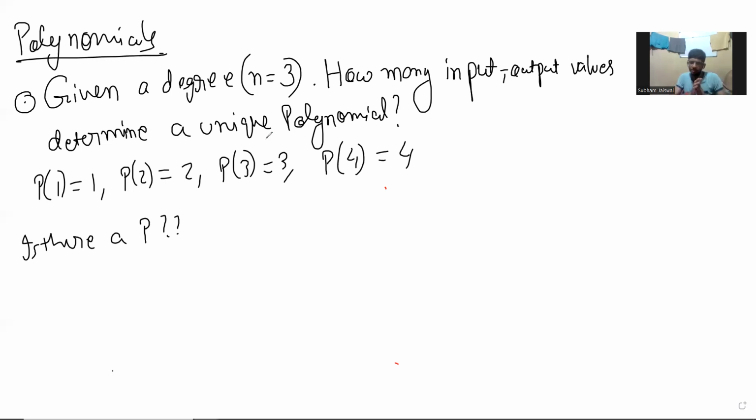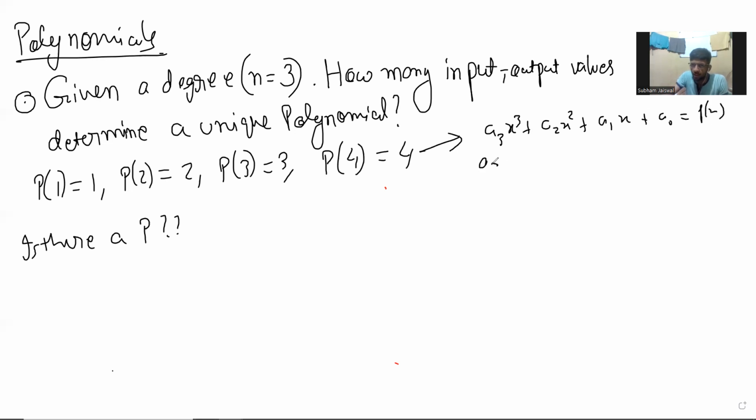So this one, again, as I have suggested, what could you do? You could assume that there is a cubic and get equations. That's one way which we did not do, but let's write it. This is a polynomial.